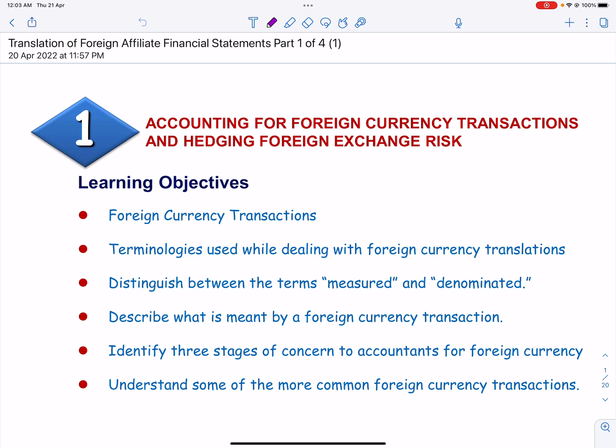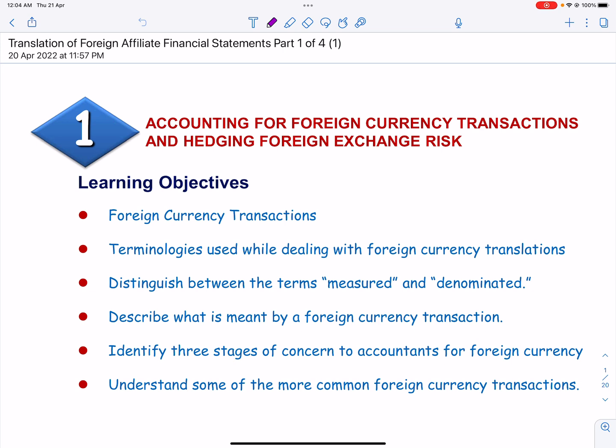We will describe the meaning of foreign currency transaction, direct and indirect exchange rate. We will explain 3 stages of concern to accountants for foreign currency transactions and explain the steps used to translate foreign currency transactions for each stage.